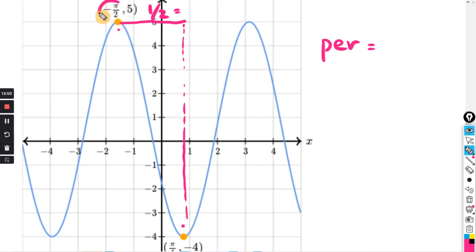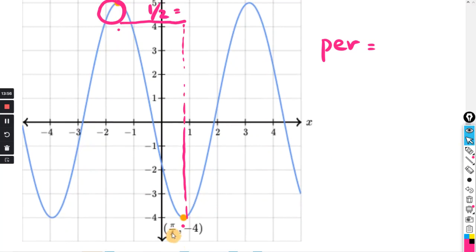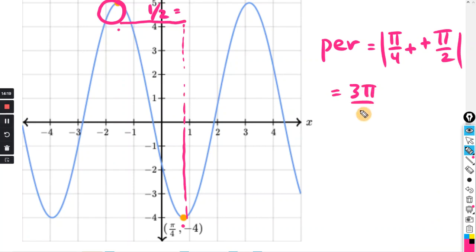We have a negative pi over 2, and on the bottom down here, we have pi over 4. All right, so we are going from pi over 4 minus negative pi over 2. Okay, 2 negatives in a row make it positive. And this is really 2 pi over 4 plus 1 pi over 4. That's going to be 3 pi over 4.